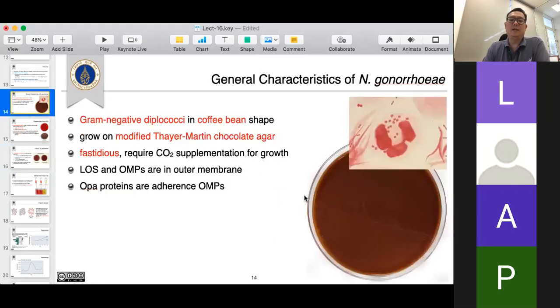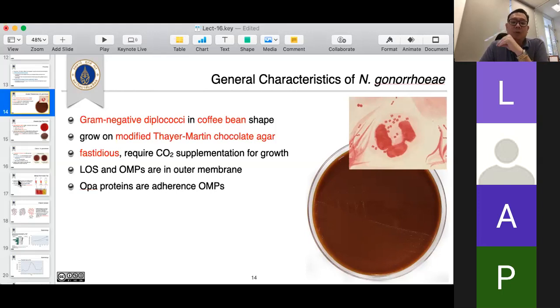If you see this picture, the colony of Neisseria gonorrhoeae is so small. You probably see this white dot. That's hard. If Proteus grows up, it's almost impossible to see.